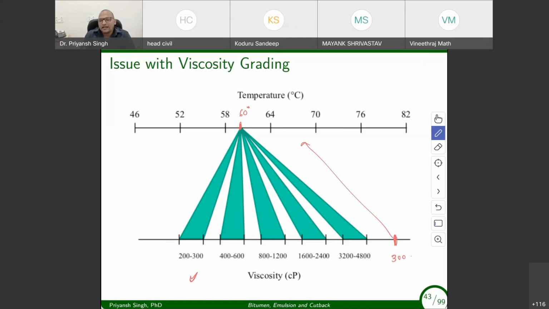That's how we can assign the binder to different zones. For example, here in Indore, let's suppose we have a temperature of around 45 degrees Celsius. So it's important to have a binder which satisfies the criteria at 45 degrees Celsius, rather than having a binder which gives a different performance at 60 degrees Celsius.